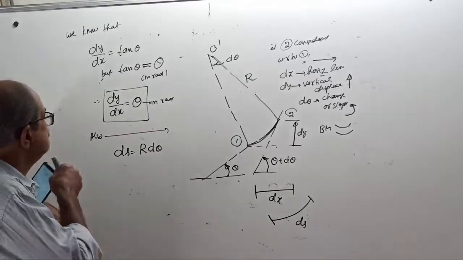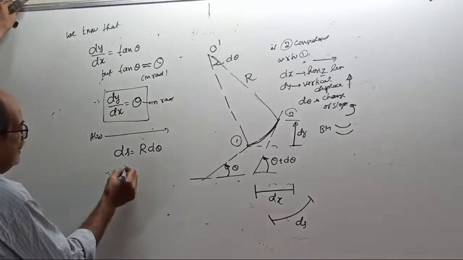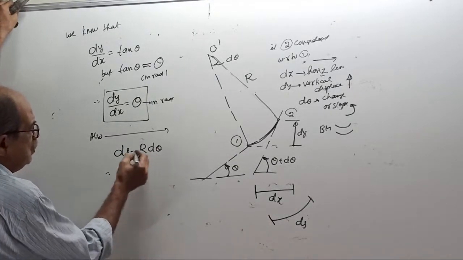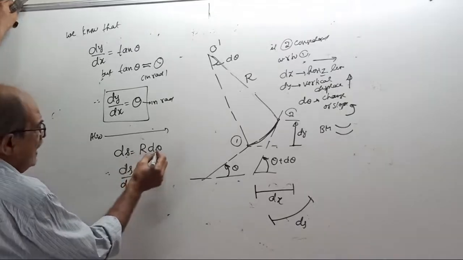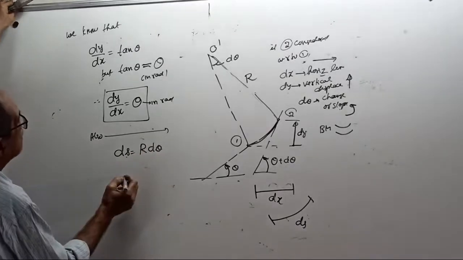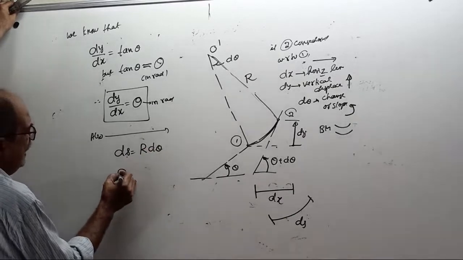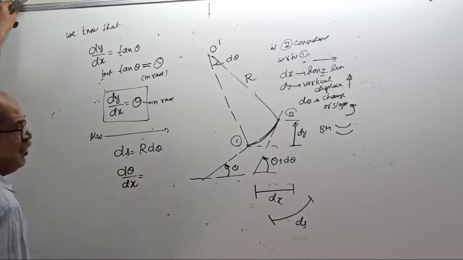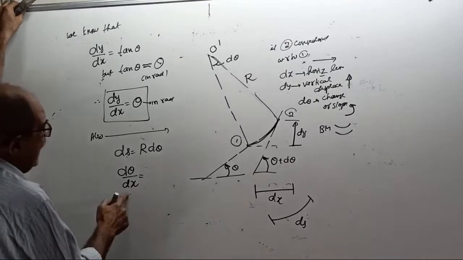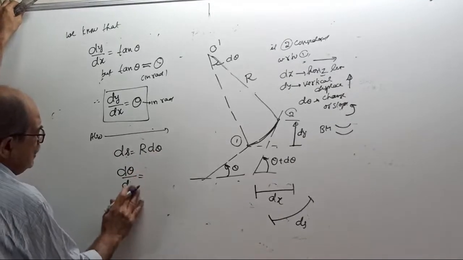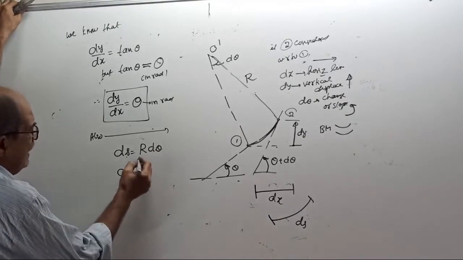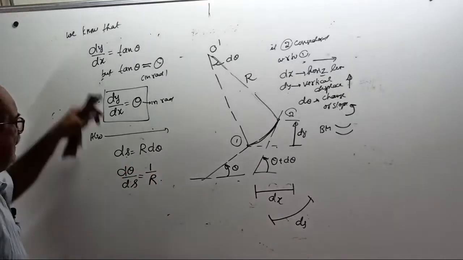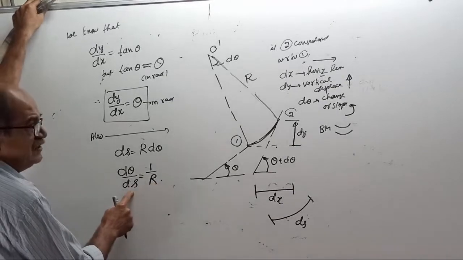Okay, now, therefore, ds by d theta equals r. I want d theta by dx. Therefore, d theta by ds equals 1 by r. D theta by dx equals 1 by r.